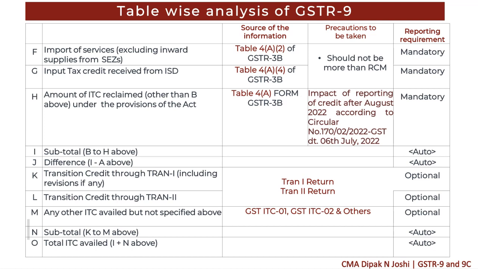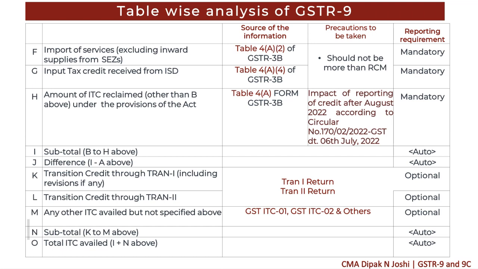Here also impact of reporting of credit according to circular number 170/2/2022 is very important, because in many cases, like if you have not received any goods but credit is auto-populated in GSTR 2B, circular is saying that you avail that credit in table 4A and you reverse that credit in table 4B, right?